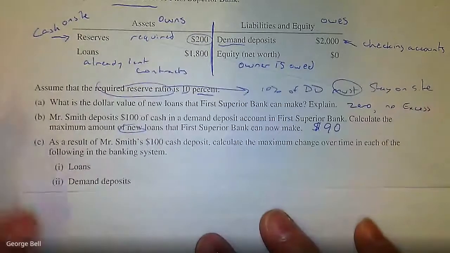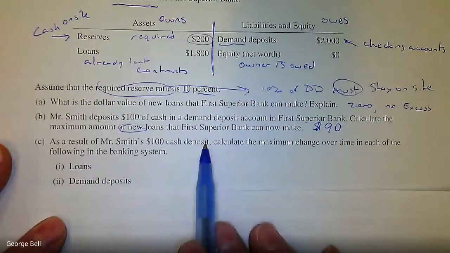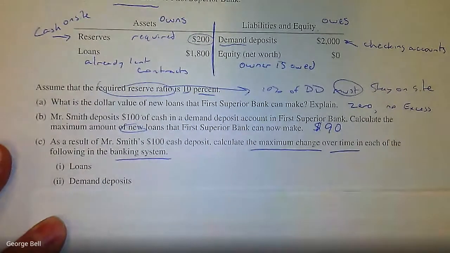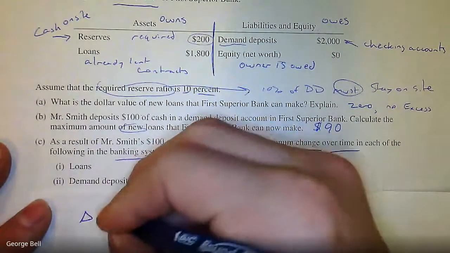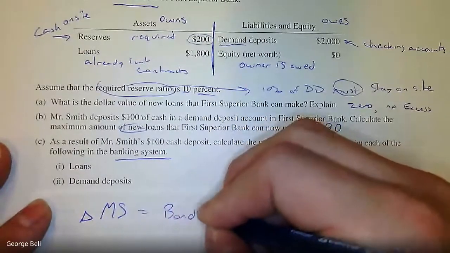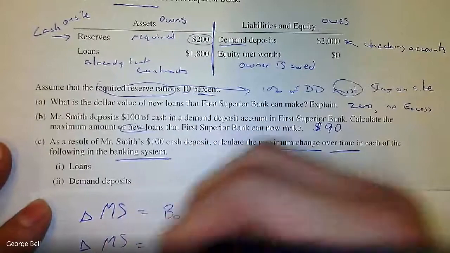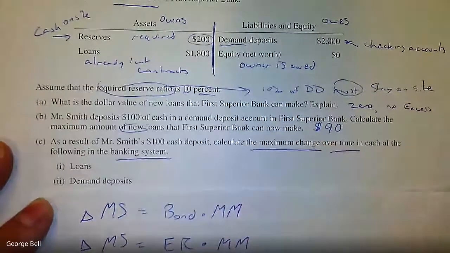So now letter C says, as a result of Mr. Smith's $100 cash deposit, calculate the maximum change over time in the entire banking system. Now, you know that when they say in the banking system, we are calculating with a multiplier. So remember, change in the money supply equals the value of the bond times the money multiplier, or the change in the money supply is going to equal the excess reserve times the money multiplier.